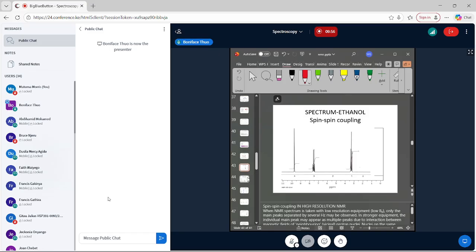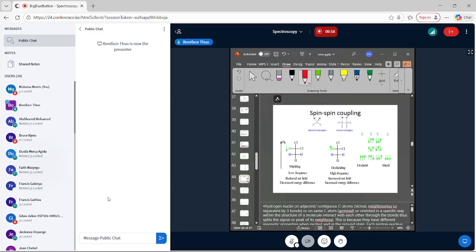We could illustrate that by looking at different compounds. Between hydrogens, you can have hydrogens which are connected to the same carbon.